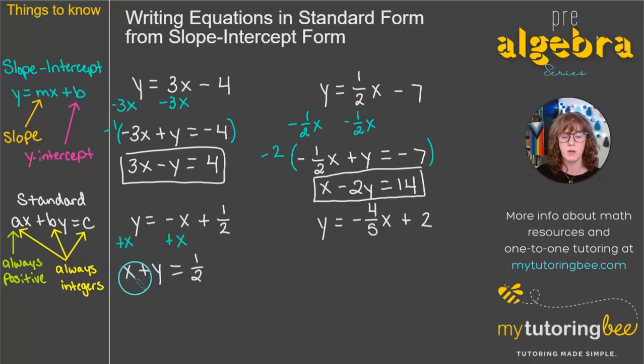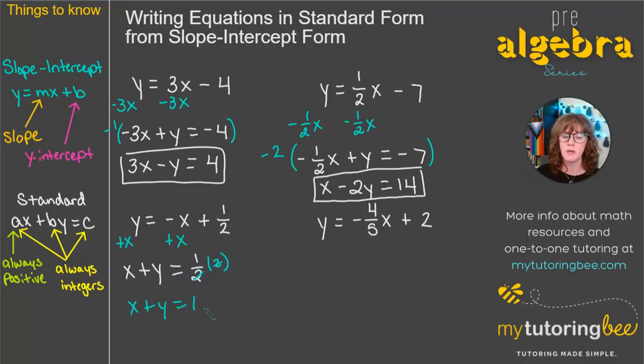Now this part looks okay, the x and the y. However, we do want that c term to be an integer. So we're going to multiply everything by 2. This is a somewhat common mistake that some of my students make when I'm working with them, is that they'll just want to multiply this by 2 and they'll write x plus y equals 1 because those 2's will cancel out.